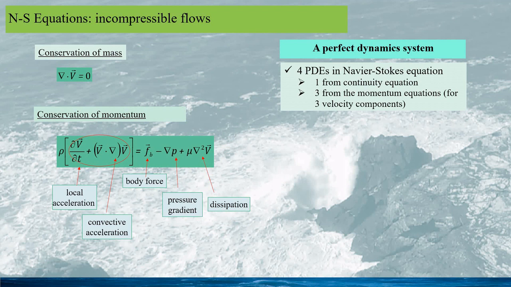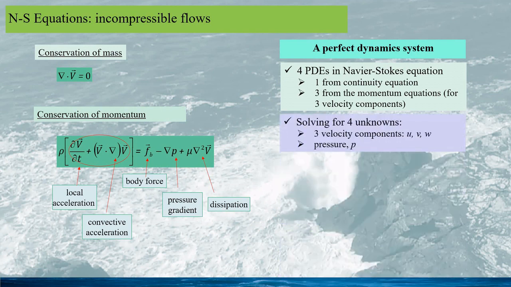The Navier-Stokes equation has four partial differential equations, one from the continuity equation and three from the momentum equations for the three velocity components. The governing equations could serve for four unknowns.